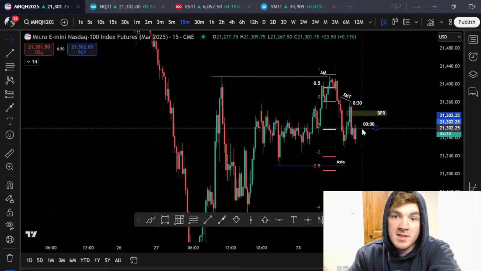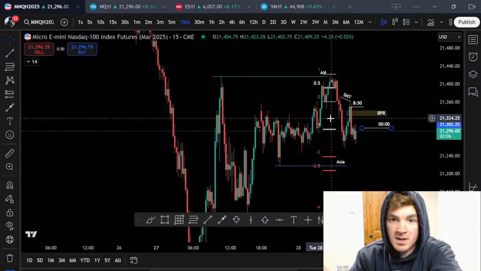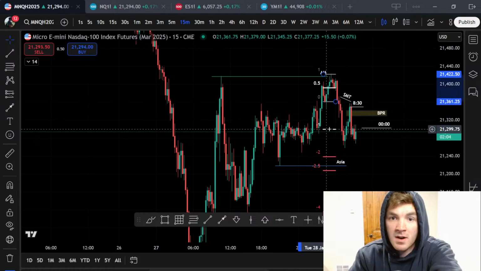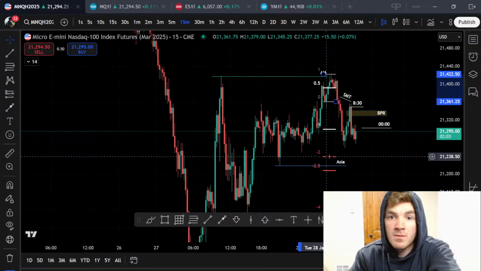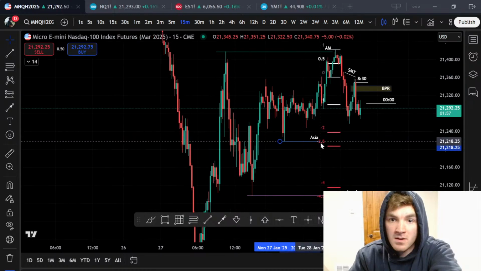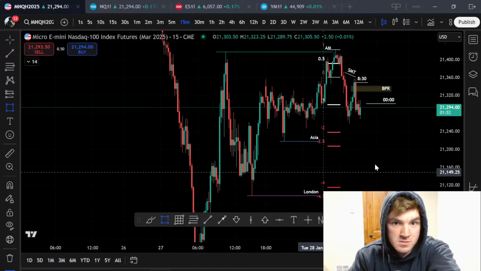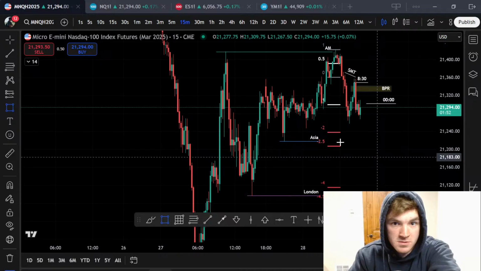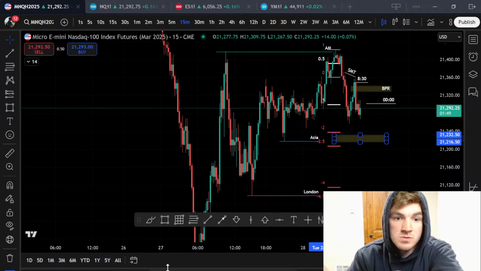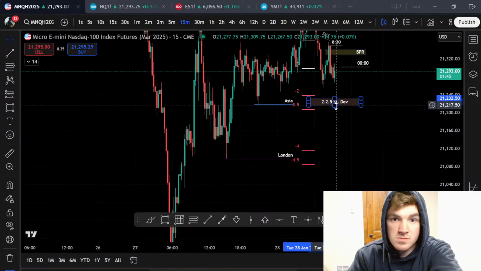I still have the possibility of us coming up and sweeping that high again one more time, but with market open in like 3 minutes, I'm thinking we're gonna possibly deliver down towards these draws on liquidity below. I mean, the market is really not complicated.